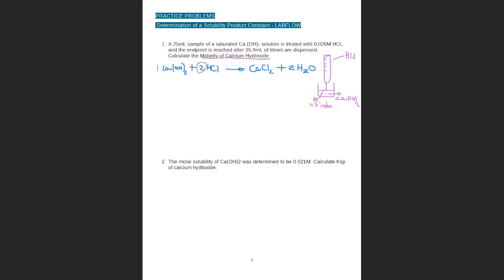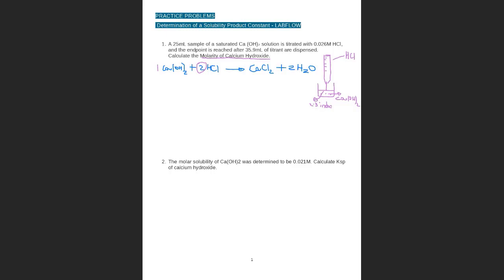Okay, so let me ask you one thing. If I'm titrating 1 mole of calcium hydroxide, at the end point, when the indicator or the solution changes color, how many moles of acid did I add? You can send me a message.